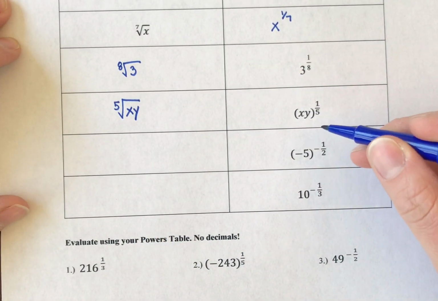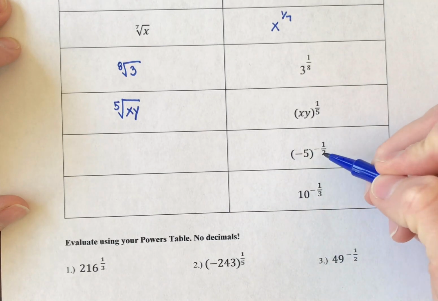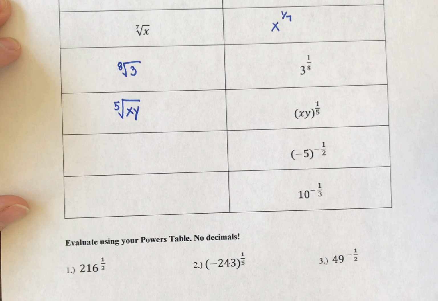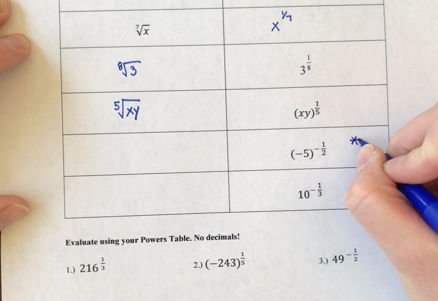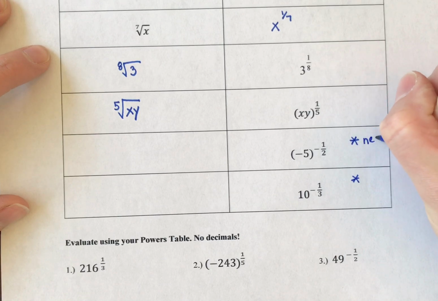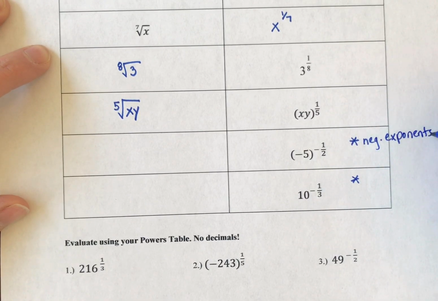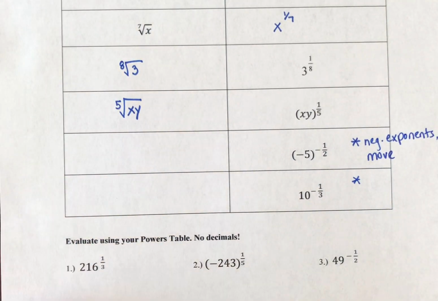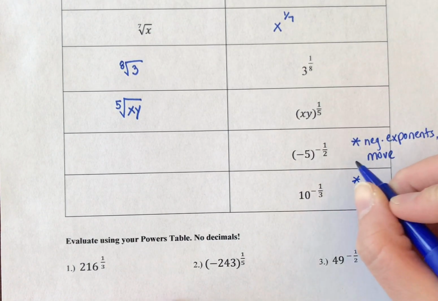Now, one thing you want to remember about the next two examples: if you notice, your exponents are negative. So you might want to just remember this rule for both of these: negative exponents, you want to make sure we move these terms down to the denominator of a fraction to create positive exponents.